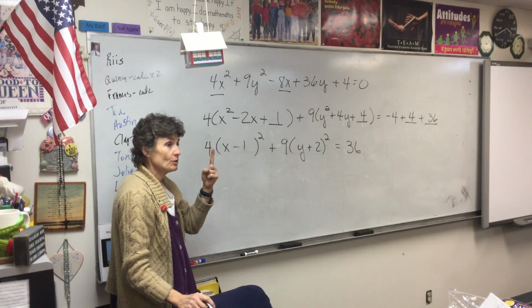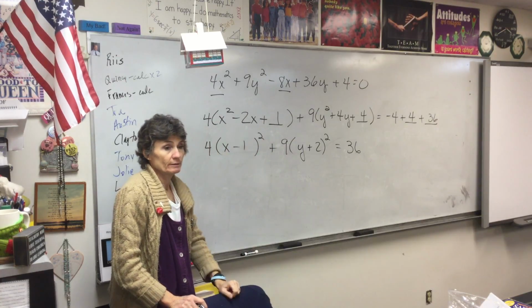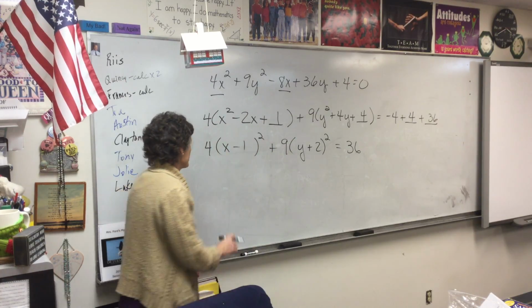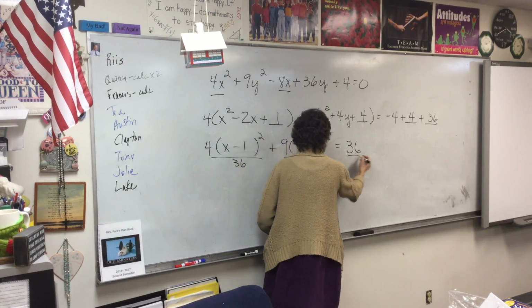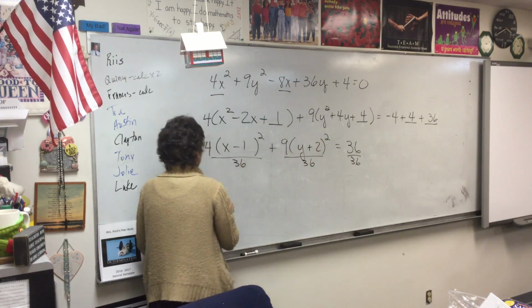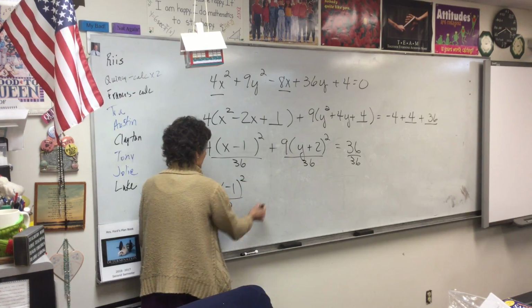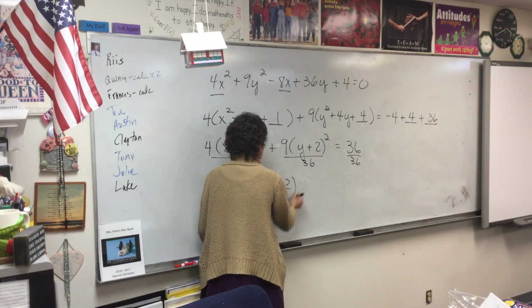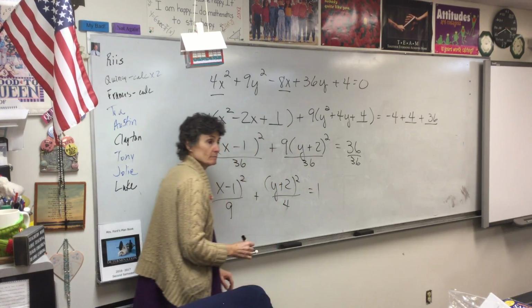Now we have one more thing to do to make our equation look like that one over there. What do we have to do to it? Divide by 36. And lo and behold, when we divide by 36, everything works out nicely. And we end up with x minus 1 squared over 9 plus y plus 2 squared over 4 equals 1.